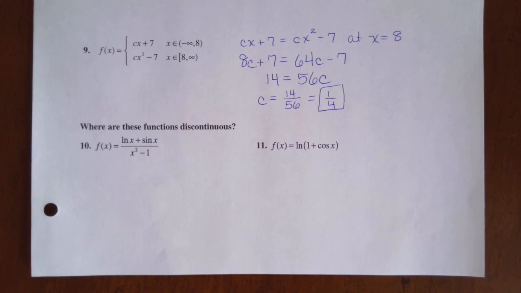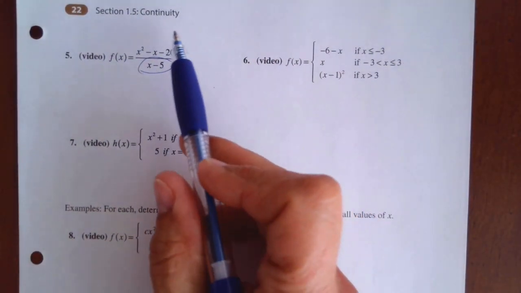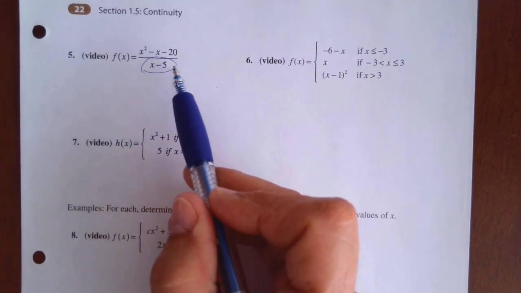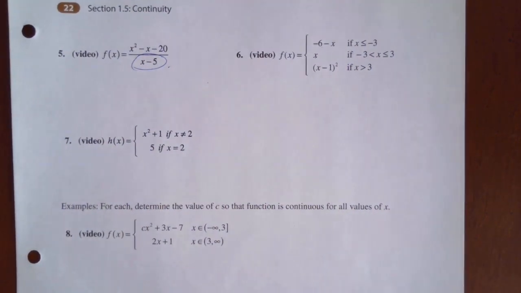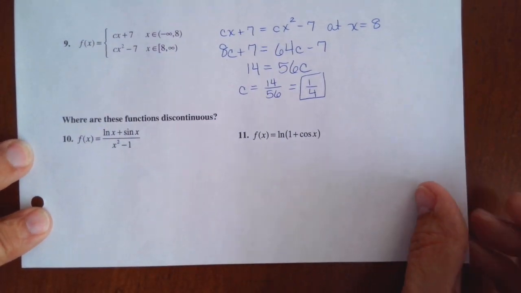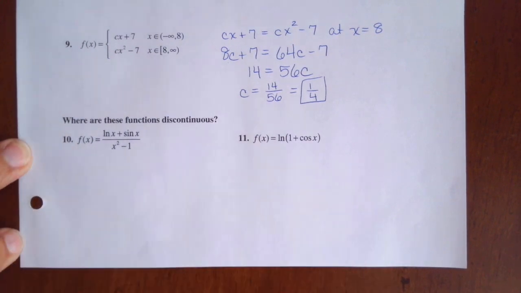Okay, so earlier on that rational function back on the other page, actually it was on this page, sorry about that, this one up here. Remember I told you that for rational functions, the domain is all real numbers except for what makes the denominator equal to 0. So if I look at number 10 off the top of my head and I'm thinking, oh, this is a rational function, so I just need to figure out what makes the denominator equal to 0, that's a good start, but that's not going to be my answer.